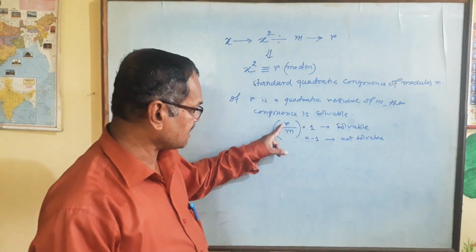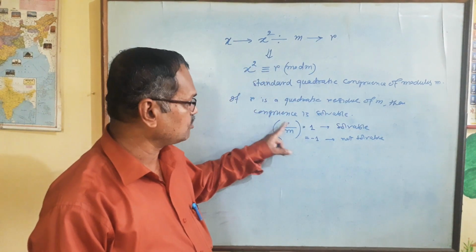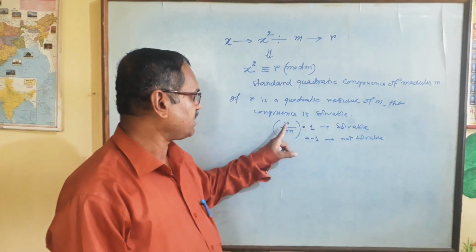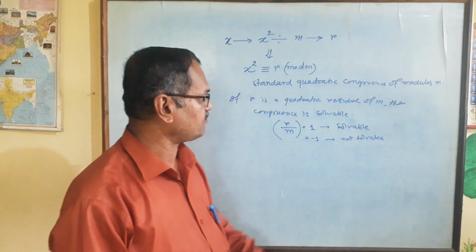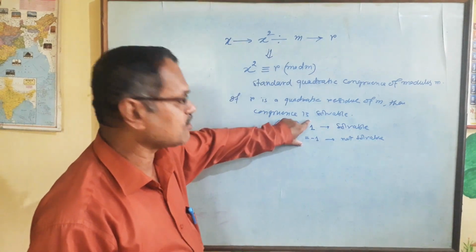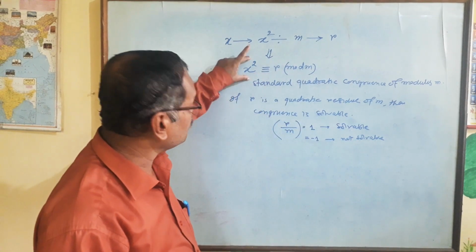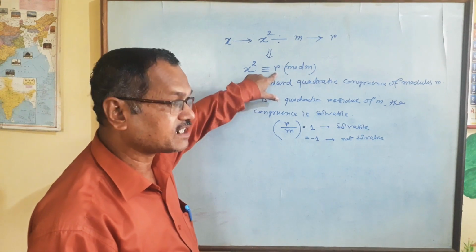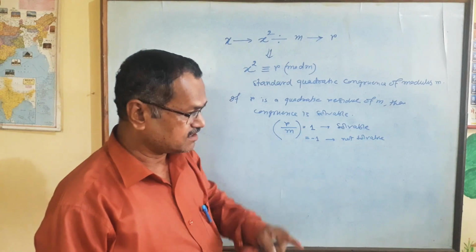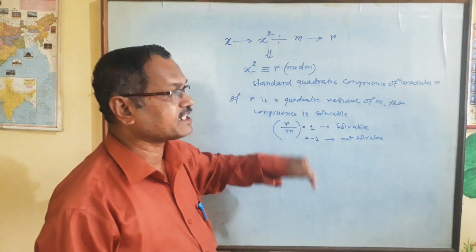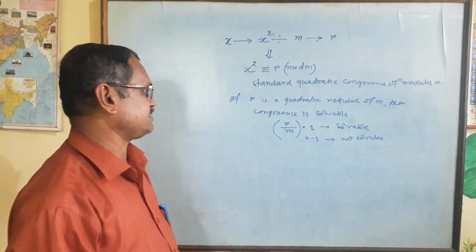That means when r is a quadratic non-residue, the congruence is not solvable. When r is a quadratic residue, the congruence is solvable. So this is called the condition of solvability. The congruence will be solvable when r is a quadratic residue.